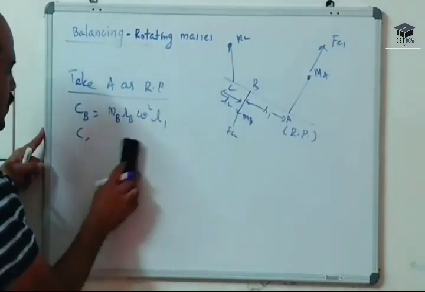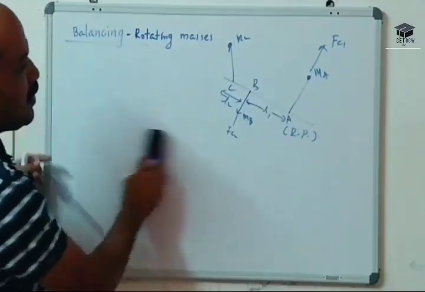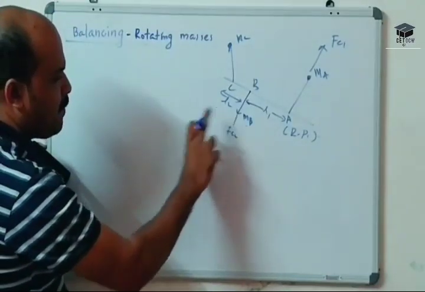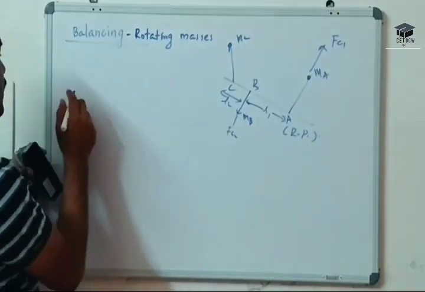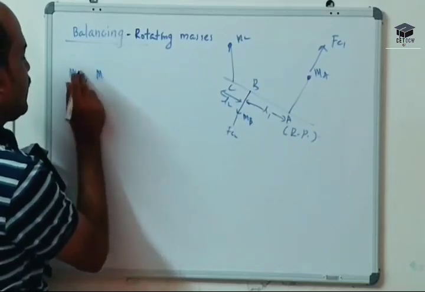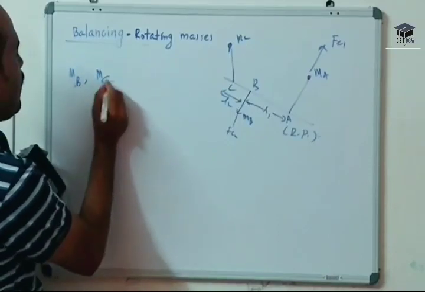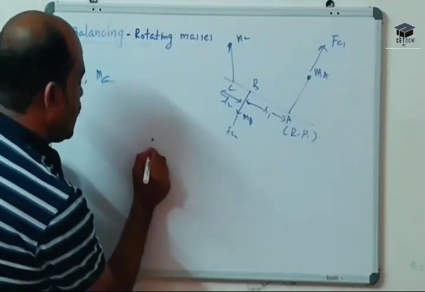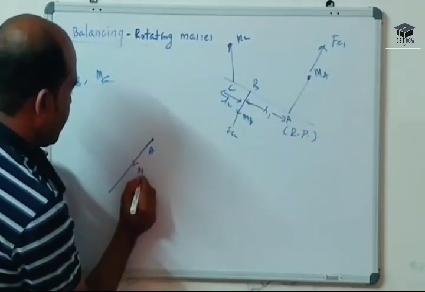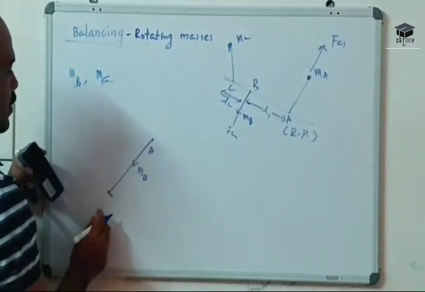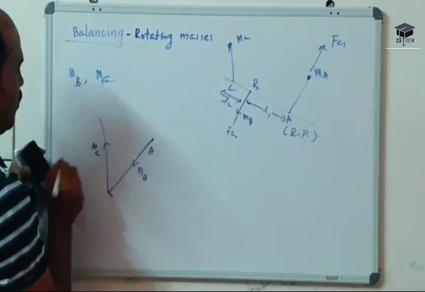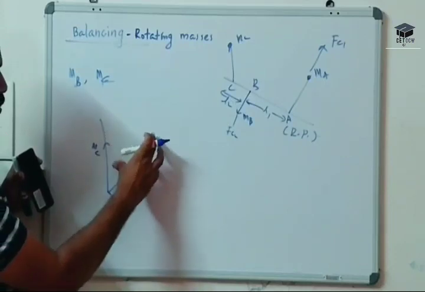Now with respect to A, we can draw the moment diagram. These vectors are the moments due to A, B and C. Suppose this is the moment due to B, and next this is the moment due to C. You can see that this is not closed.